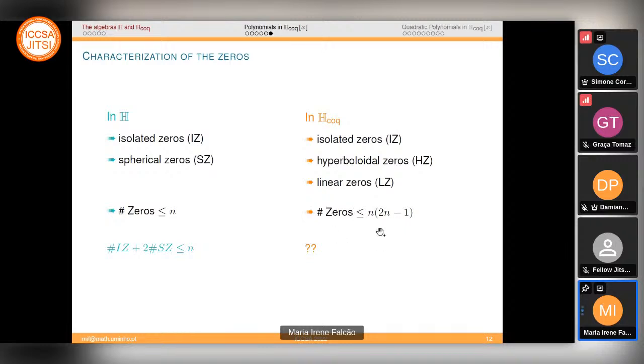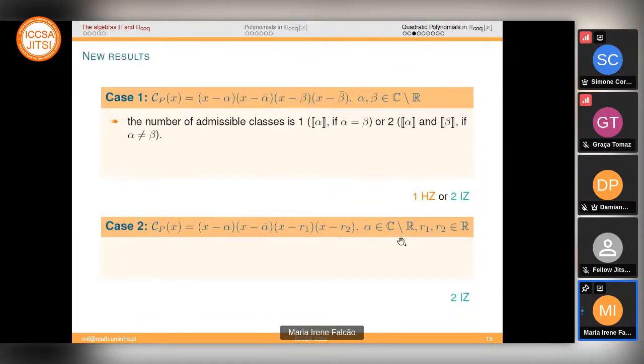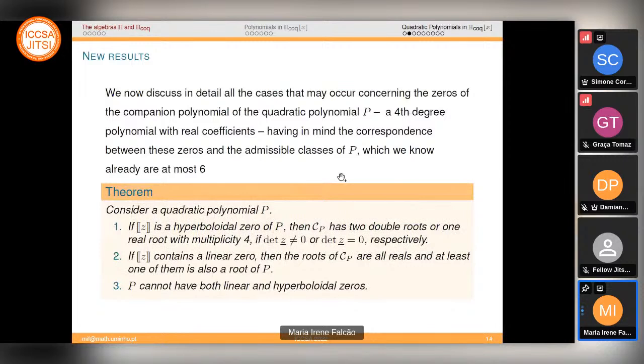Here, we don't know what happens in the general case, and in this paper, what we have done is to study what can happen in the case of n equals 2. And the situation is the following.